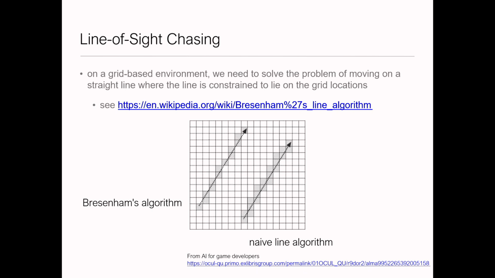So when you imagine the line connecting 2 points, you want to make sure that each part of the line is a grid location. And so in these grid-based environments, you need to solve the problem of moving on a straight line where the line is constrained to lie on grid locations only.